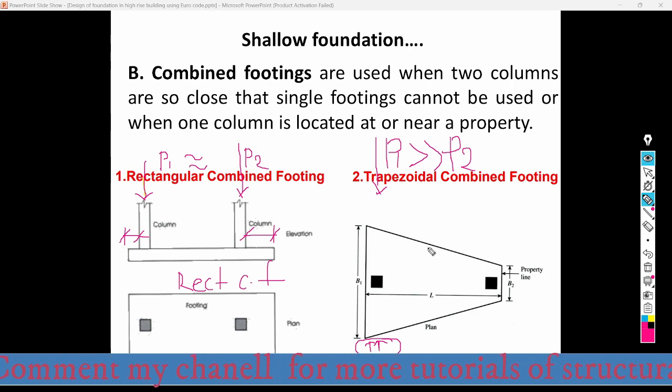So in this case, we need to use the trapezoidal footing, just like this. This is how we can provide the combined footing for columns that are spaced closely, having significantly variable axial loads.